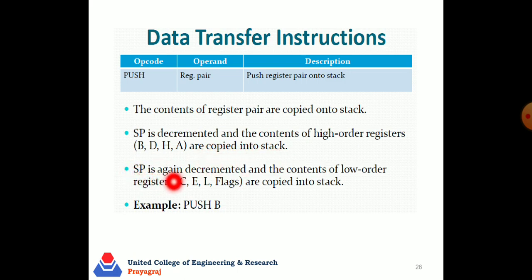The stack pointer is decremented again and the content of the low order register is copied into the stack. That means if it is B then the low order is C, if it is D then the low order is E, if it is H its low order is L, if it is A then its low order is the flag.